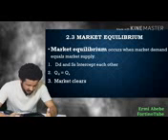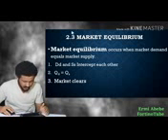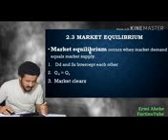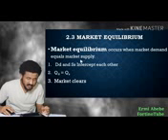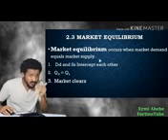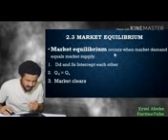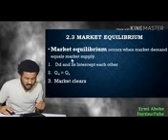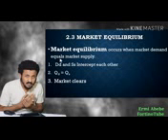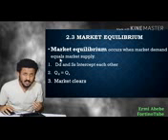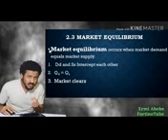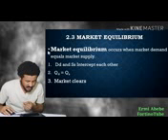So by definition, market equilibrium occurs when market demand equals market supply. In terms of graphs, the place where the demand curve and the supply curve intersect, we call it a market equilibrium.